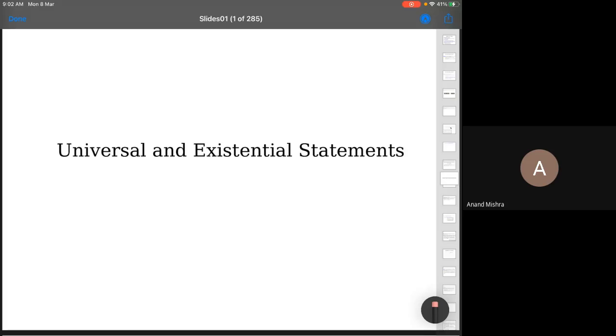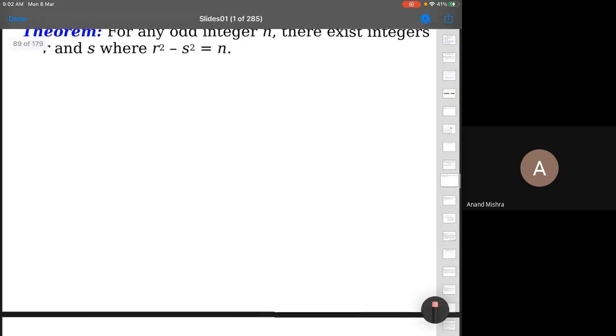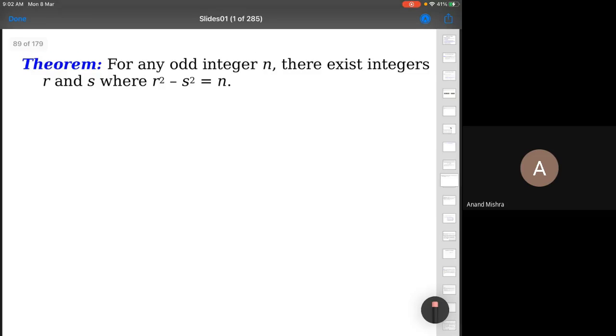Let me now start our discussion. So we have been talking about proof techniques from last lecture. We have seen a couple of techniques on Friday. Now we are going to see more into it. So this is called universal and existential statements. Let's look into what it means.